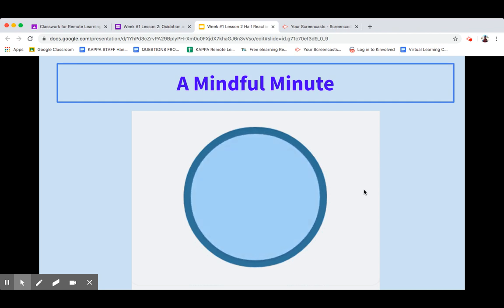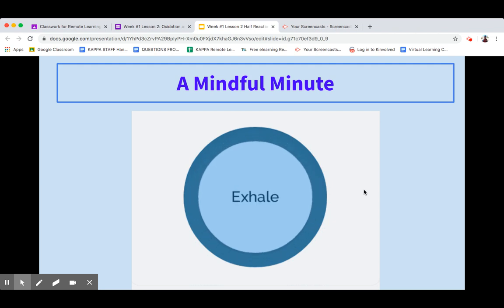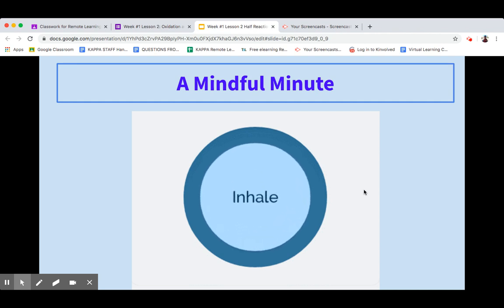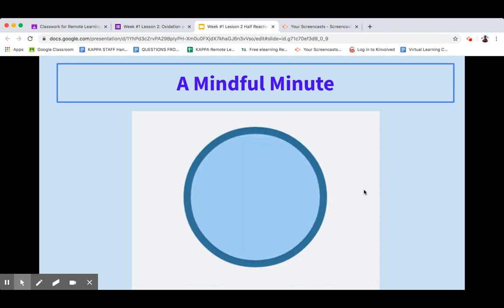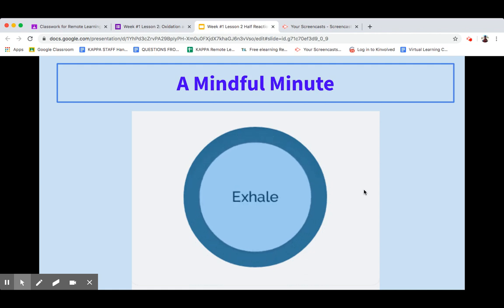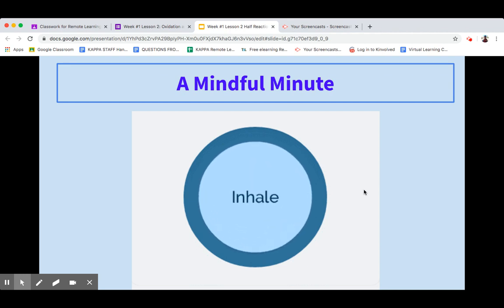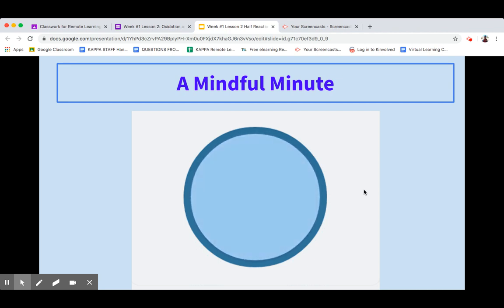So look for that sense of stability in your body. Look for the sense of stillness. And inhale through your nose, nice deep breath. Exhale, pushing the air out. Inhale, nice deep breath in. Fill your lungs.